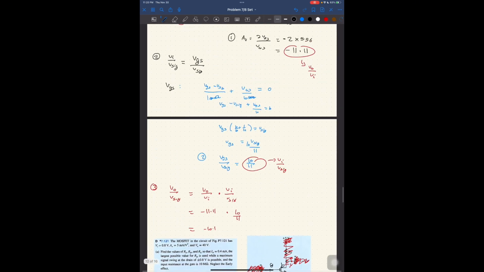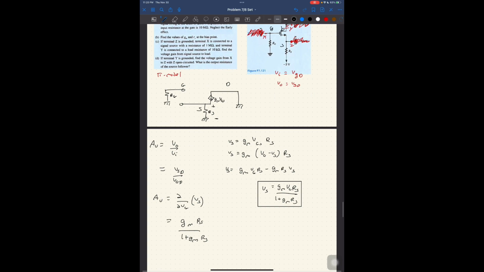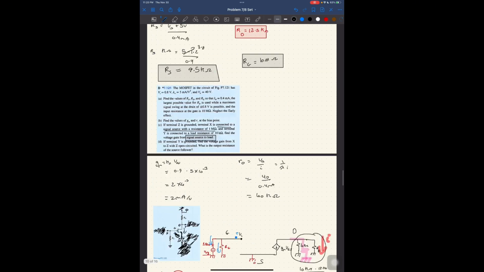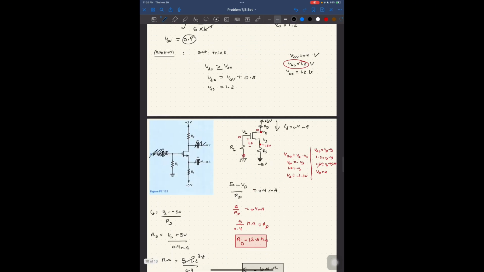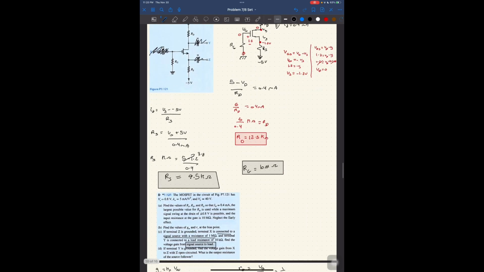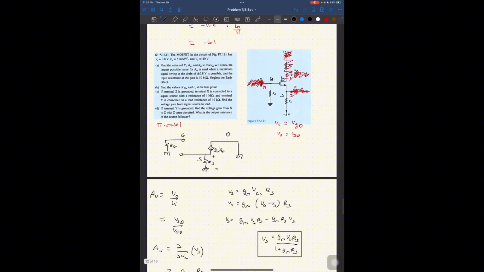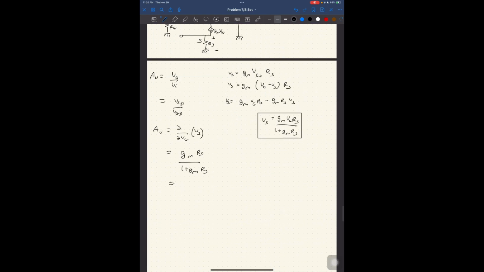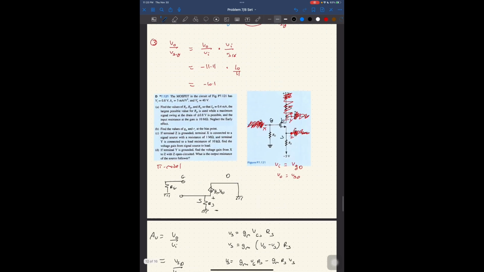I know what GM is from here. I know what RS is from here. I plug in my values, I do the math. I get 0.95, which is not an unreasonable ask. It's not entirely unreasonable to ask someone to do this.